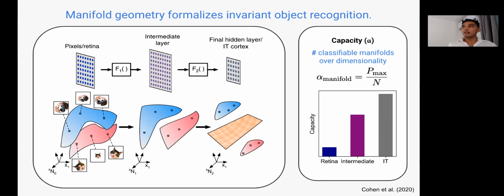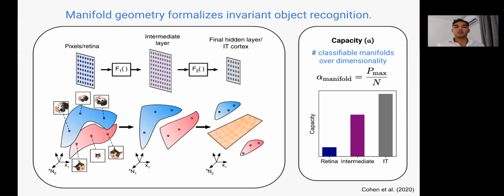Intuitively, the higher the capacity, the easier it is to discriminate between different object categories. You can also think of this as how many categories you can actually store given the constraints of your network, like how many neurons are in your network. Or you can think of it as the per neuron information content: looking at each individual neuron, how many categories can it store?